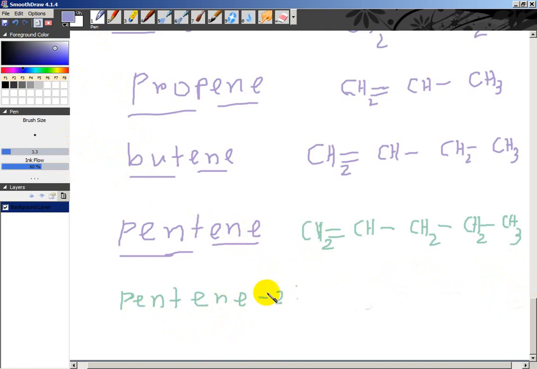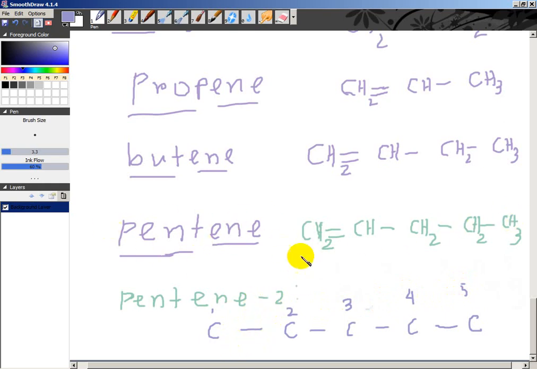This double bond position is 2. I should write five carbons first, 1, 2, 3, 4, 5. I should specify the double bond position 2. Here it is pentene-2.